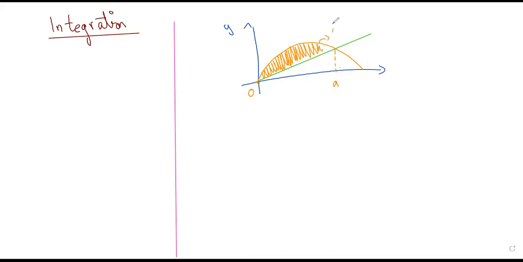So what do we see? We can see that this is f of x and this is g of x. F of x is greater than g of x because it is higher than the line, the green line. So you will integrate f of x minus g of x with respect to x from 0 to a. This is how the rule changes.